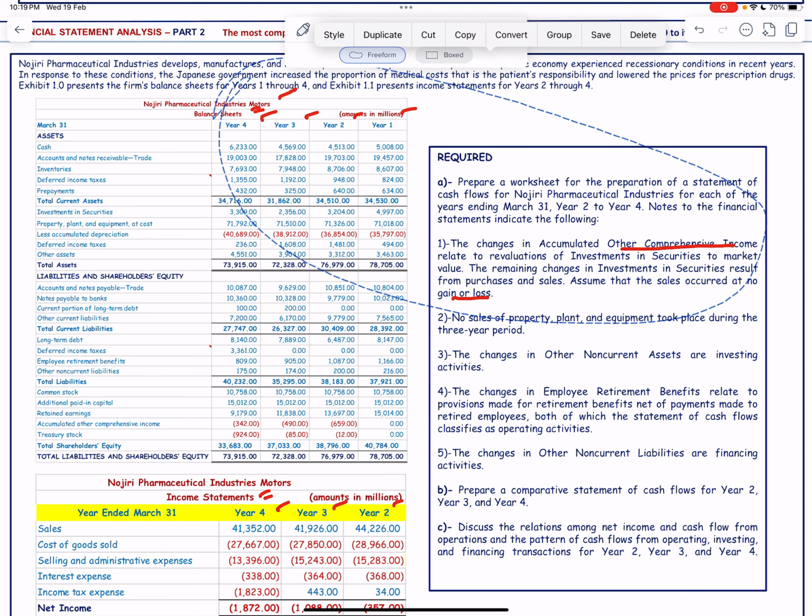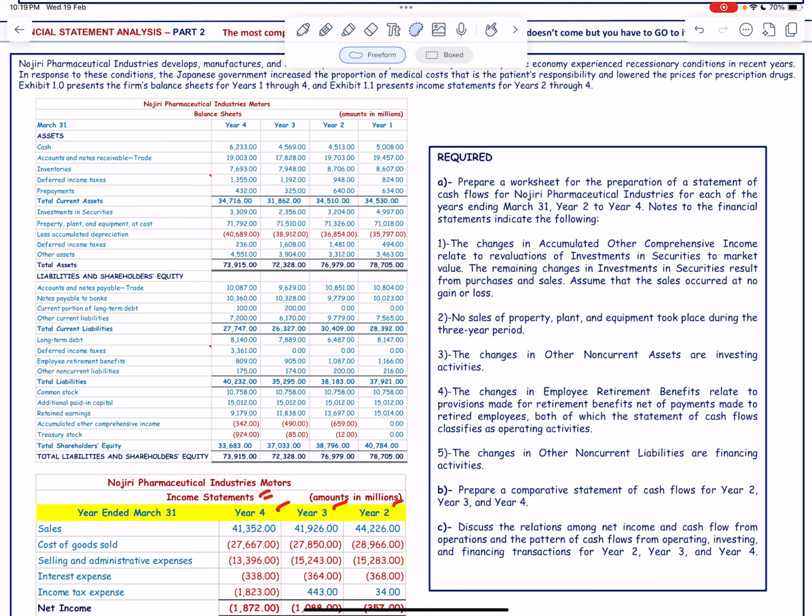So I would like to talk a bit about the accumulated other comprehensive income, and you can see this in the balance sheet over here as accumulated other comprehensive income.